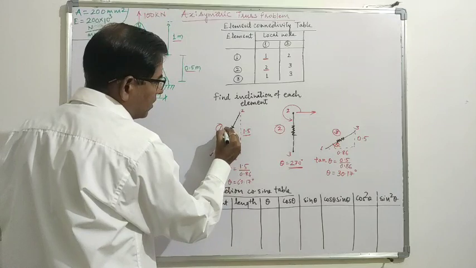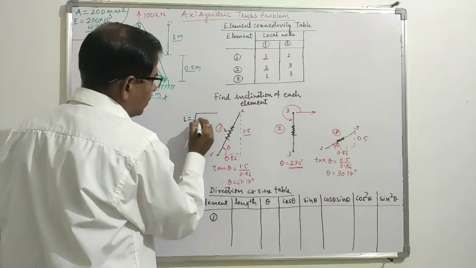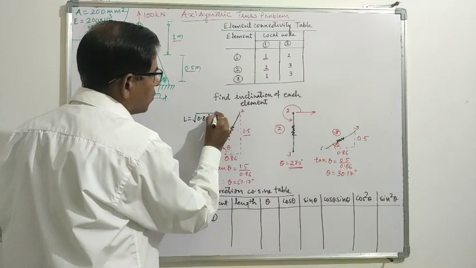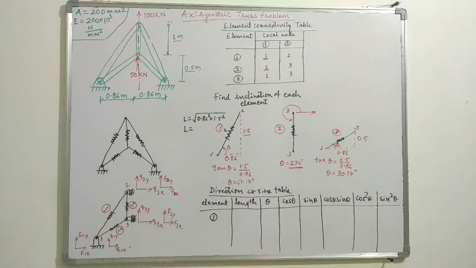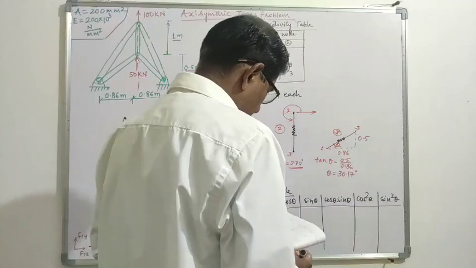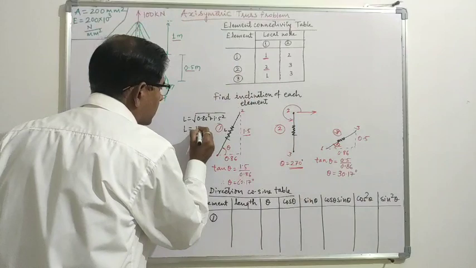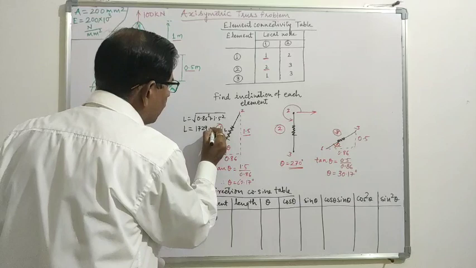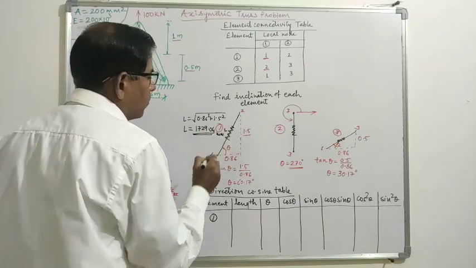So the length L is equal to under root 0.86 square plus 1.5 square. So the length of this member comes out to be 1729.04.